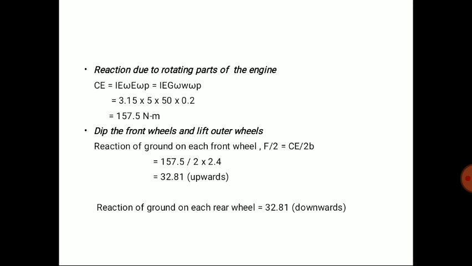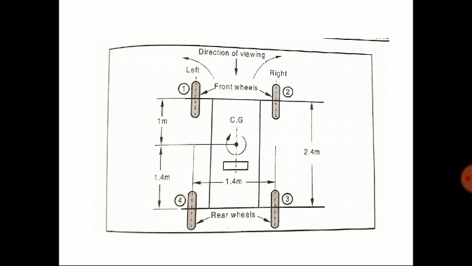So the reaction offered by the ground on each front wheel, which is equal to F by 2, that is CE by 2B. 2B means the total wheelbase, means the total distance, that is B. This is the total distance B, and it is acting over a total distance 2.4. Why is it taking B here? What is the direction of CE, that is what you have to think.